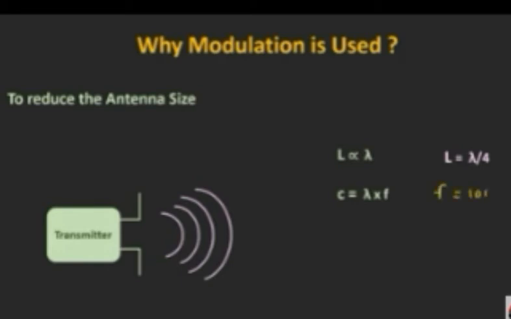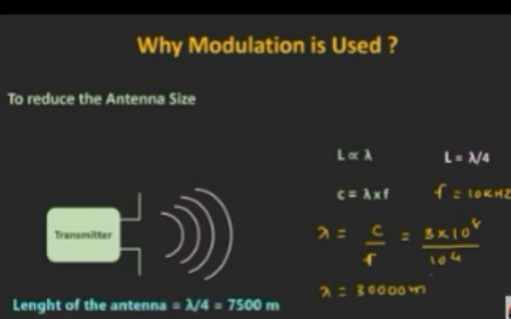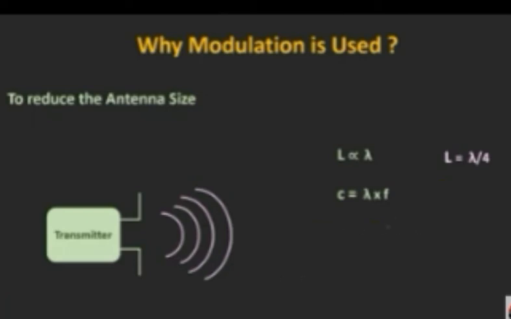The relationship between the frequency and the wavelength can be given by the following expression. For example, if the transmitted signal has a frequency of 10 kilohertz, then its wavelength will be equal to c upon f, that's equal to 3 into 10 raised to power 8 meter per second divided by 10 kilohertz. If we calculate the wavelength, it comes out to 3000 meter, and the size of the antenna will come around 750 meter, and the size is actually impractical, right?